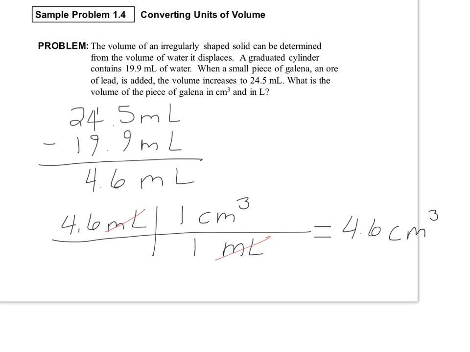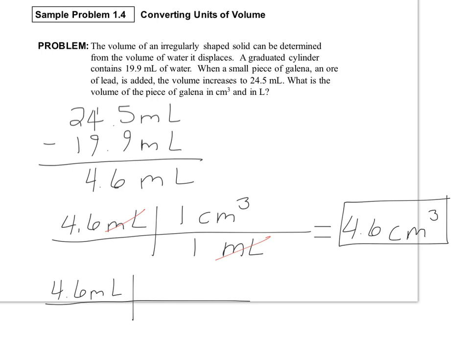Now we have to do the same thing for liters. So we're going to have to set up another T. Let me put a box around this one. That's our first answer. So I've got 4.6 milliliters, and I need to convert that to liters. Notice that this is a prefix conversion. The base unit for both of these measurements is the liter.